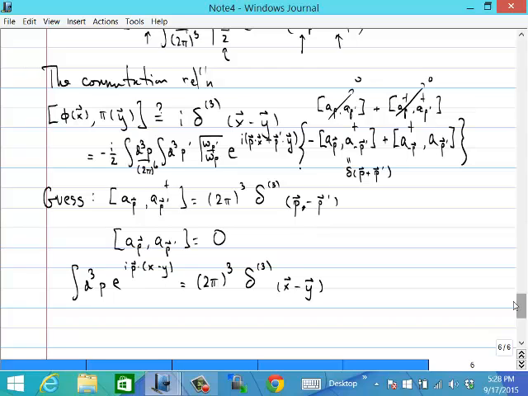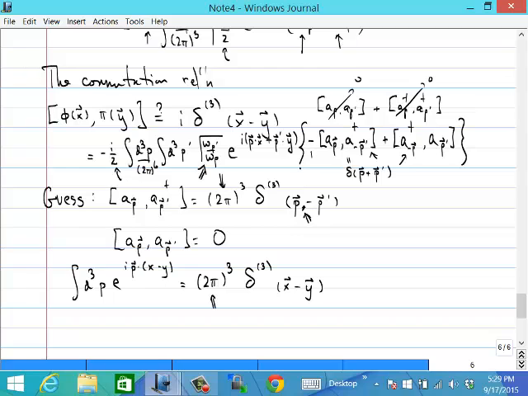So we use the fact that one of these delta functions allows us to do the p prime integral. Then we can do the p integral. We have two factors of (2π)^3 here. p prime is now equal to minus p. So these two factors cancel with one another. There was a factor of 2 that comes when you add up these two terms, which cancels that factor of 2.